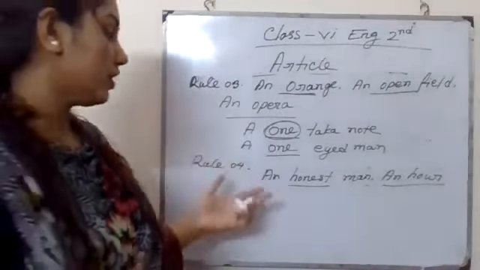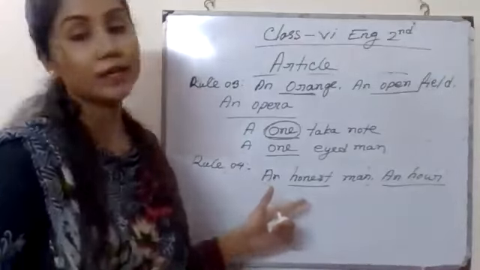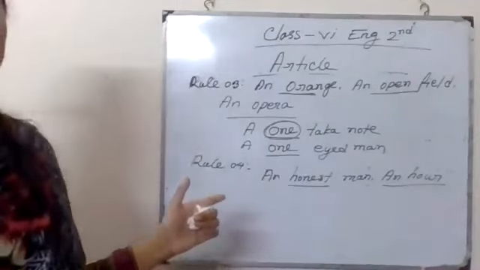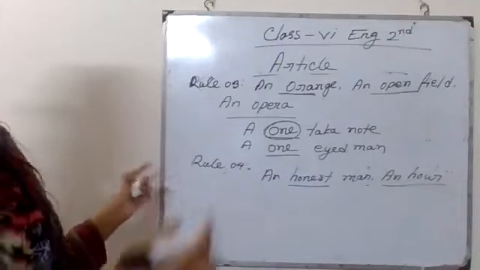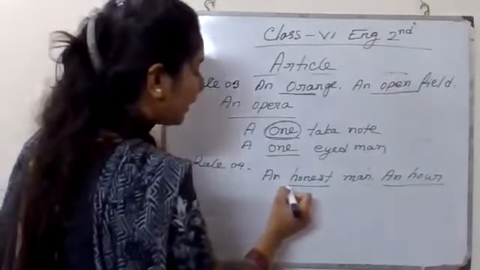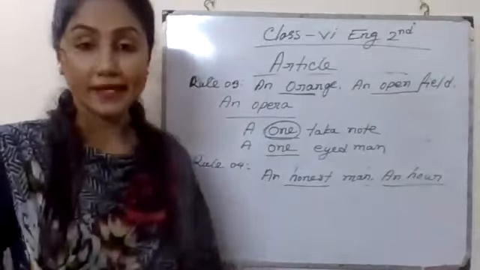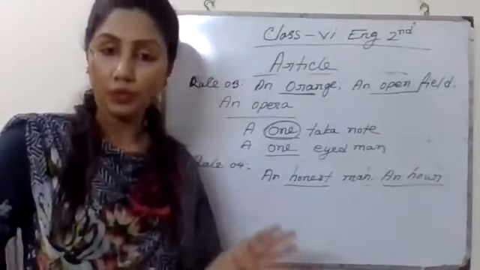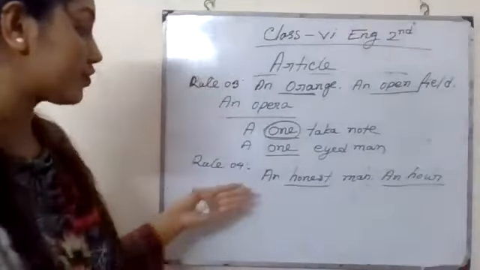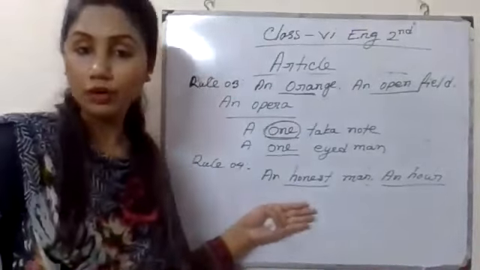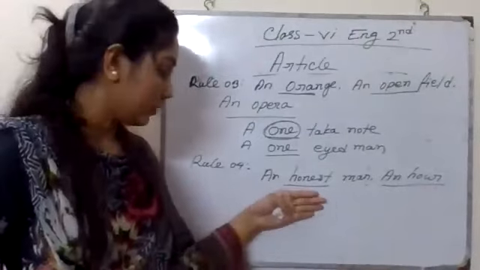But here we are using AN before honest and before hour. So when H will not be pronounced, when it will be silent, then we have to use AN before the word.